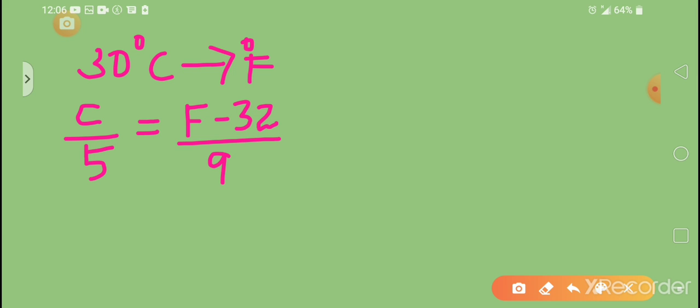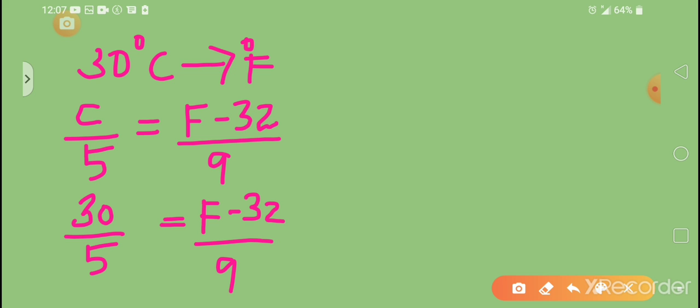So what is the next step? We should substitute the values in the equation. So here C means 30 degree. So that is 30 by 5 is equal to F minus 32 by 9.